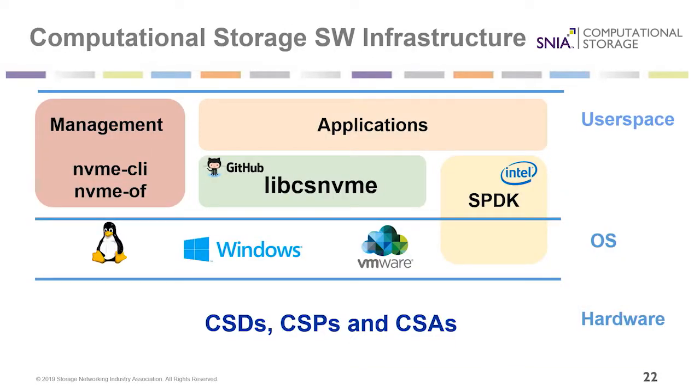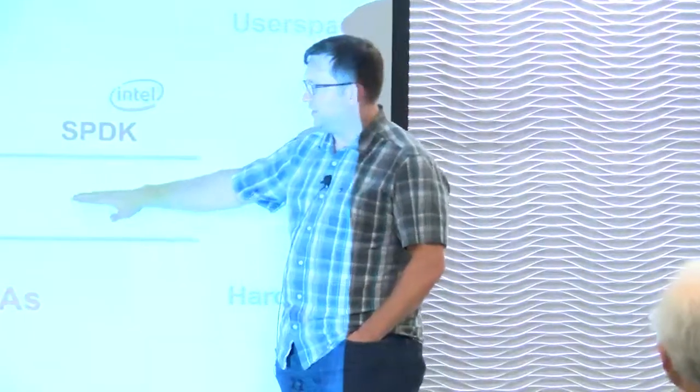Okay. One other thing, beyond just the device aspects, that's really important for the computational storage TWIG is what we're doing also at the upper layers. So beyond just defining the interface that goes from the CSDs, CSPs, and CSAs up to a kernel mode driver or up to something like SPDK, this interface we talked quite a bit about in the previous few slides.